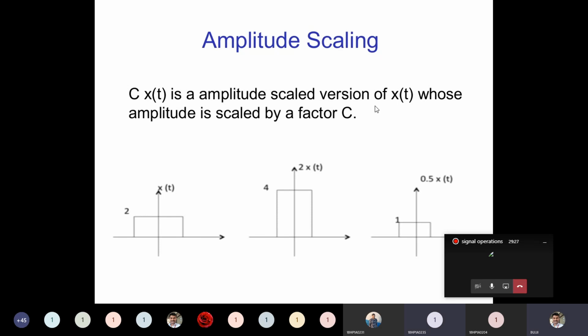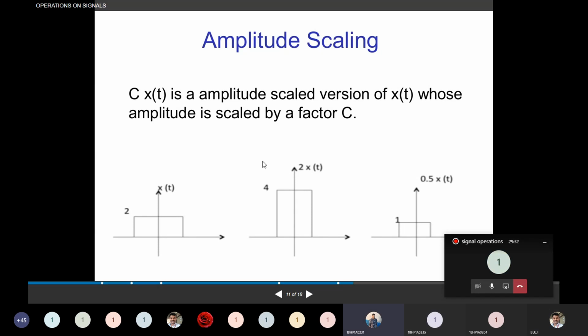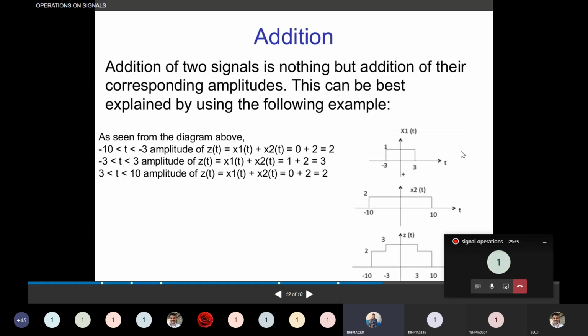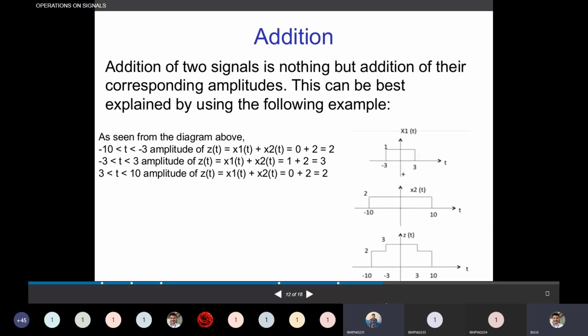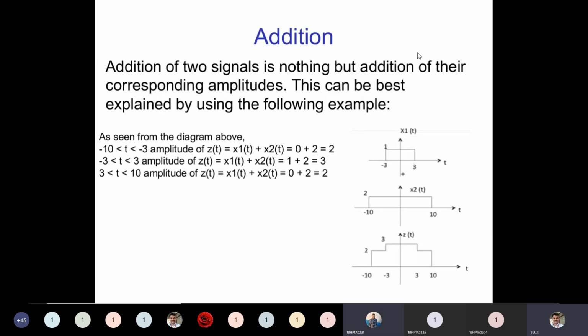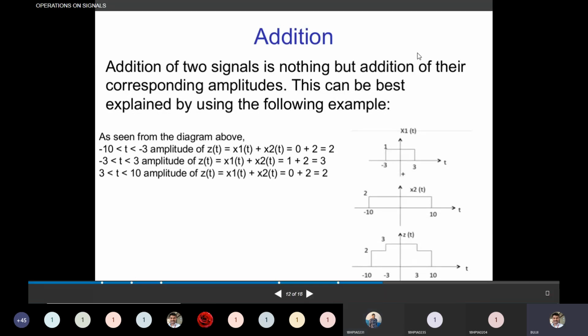Any doubts? Boys, please respond. No, sir. Addition and subtraction are already over and clearly given here. Addition of two signals is nothing but addition of their corresponding amplitudes. This can be best explained using the following example. We completed this already; once again we see it.